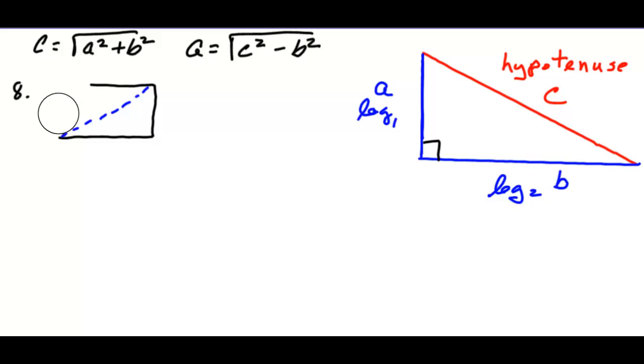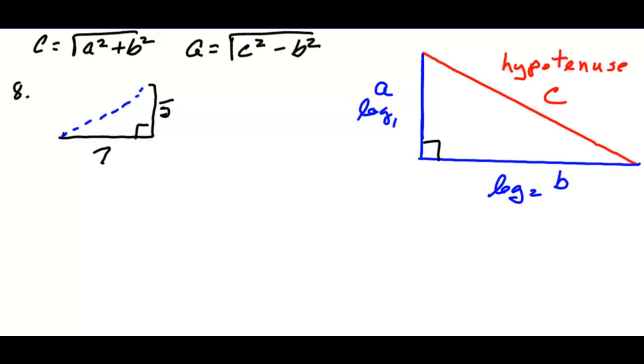So if we just erase this side and that side of a rectangle, what we end up with then is our right triangle. And our right angle is here. And now it says the width is 5, the length is 7.